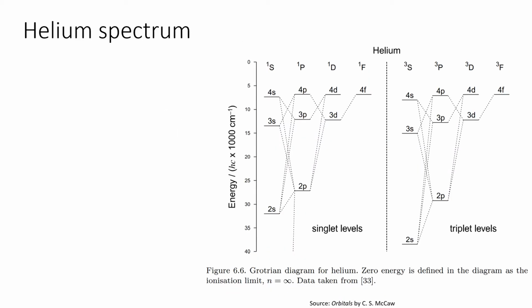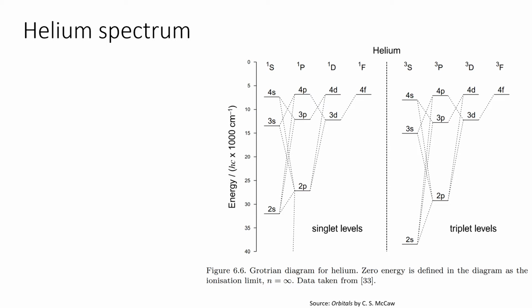Now, onto the helium spectrum itself. Very curious spectrum, helium. You can see on the diagram there, on the right-hand side, that we have what appears to be 2 sets of levels, labelled singlet levels on the left and triplet levels on the right. The fine dotted lines there represent possible transitions between levels.